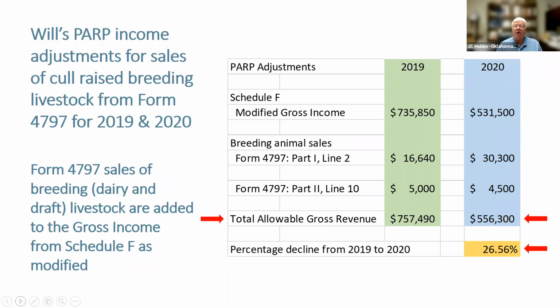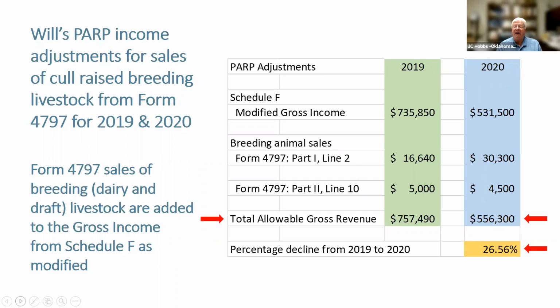So our allowable gross revenue that goes into FSA form 1122, the first box for the benchmark year 2019, total amount 757,490. 2020 pandemic year 556,300.